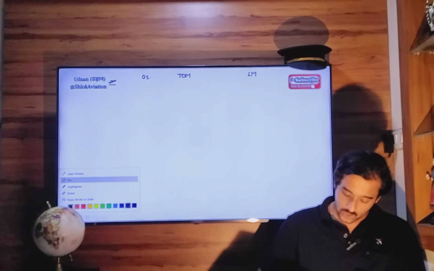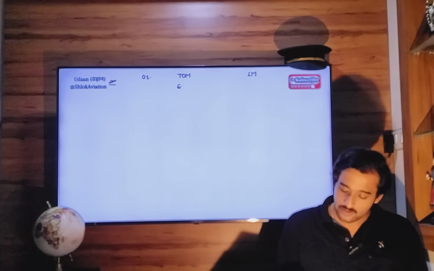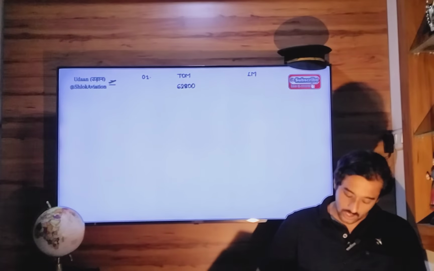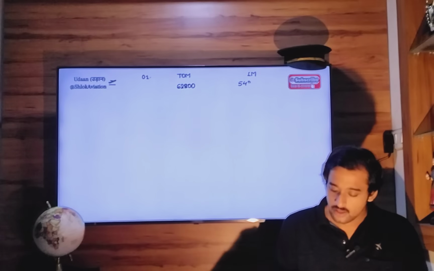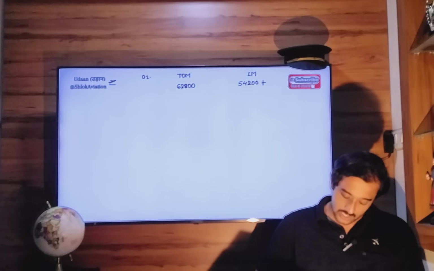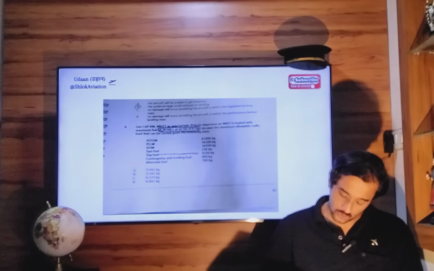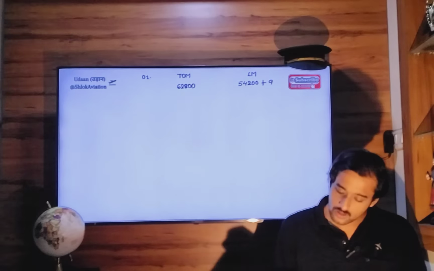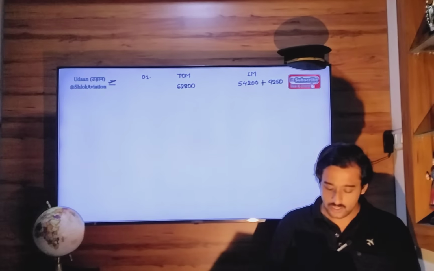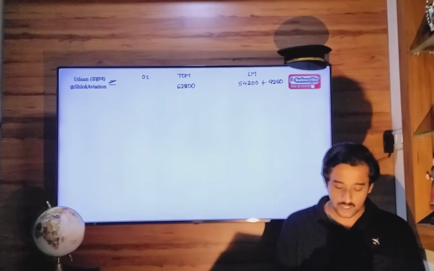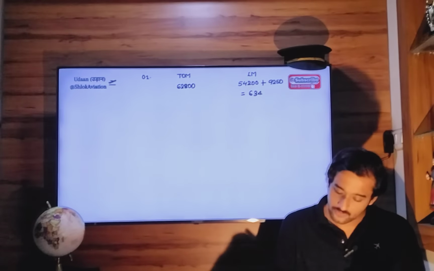In the takeoff mass column, you are going to write 62,800. In the landing mass column, you write landing mass limitation 54,200 and you add trip fuel, which is 9,250. 54,200 plus 9,250 is 63,450.